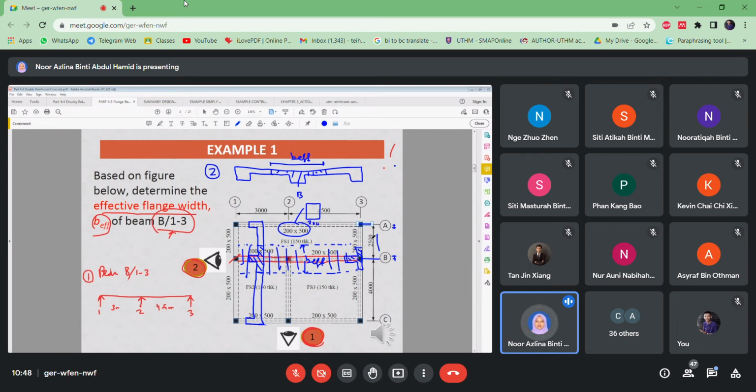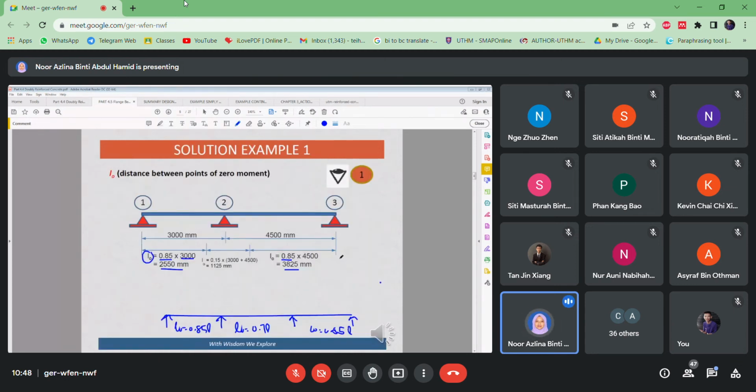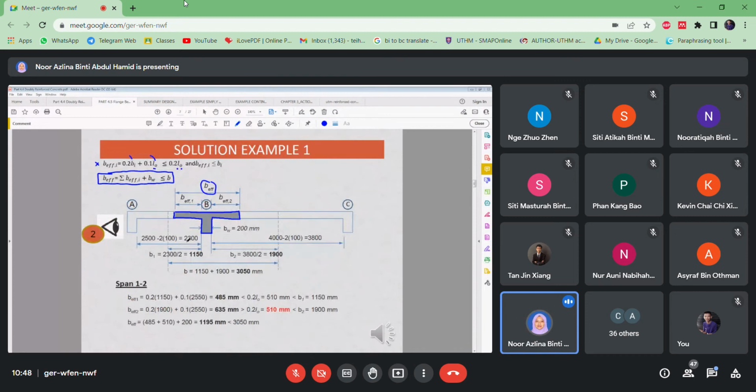So 2500 minus 100, half of this beam minus 100 of this beam. So that's why you will get 2300. 2300 ni, okay, divide by 2. You will get B1. B1 is from center of the span to the surface.